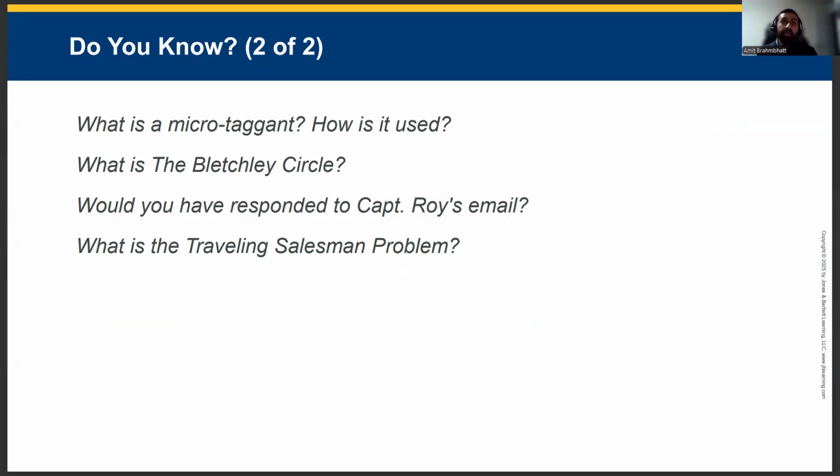What is a microtaggant? How is it used? They are tiny encoded particles added to explosives, inks, or products to aid in forensic tracing and counterfeit prevention. The Bletchley Circle, a television series about women who worked at Bletchley Park during World War II using their analytical skills to solve crimes.